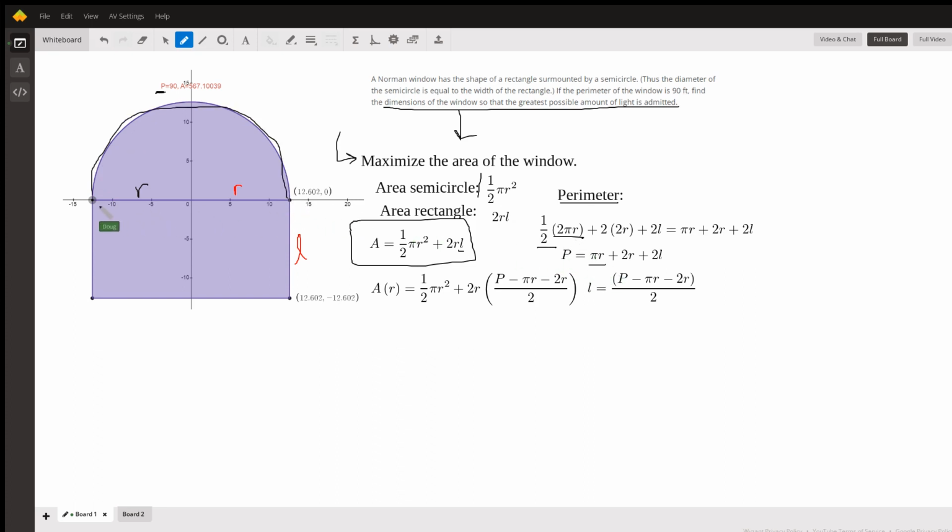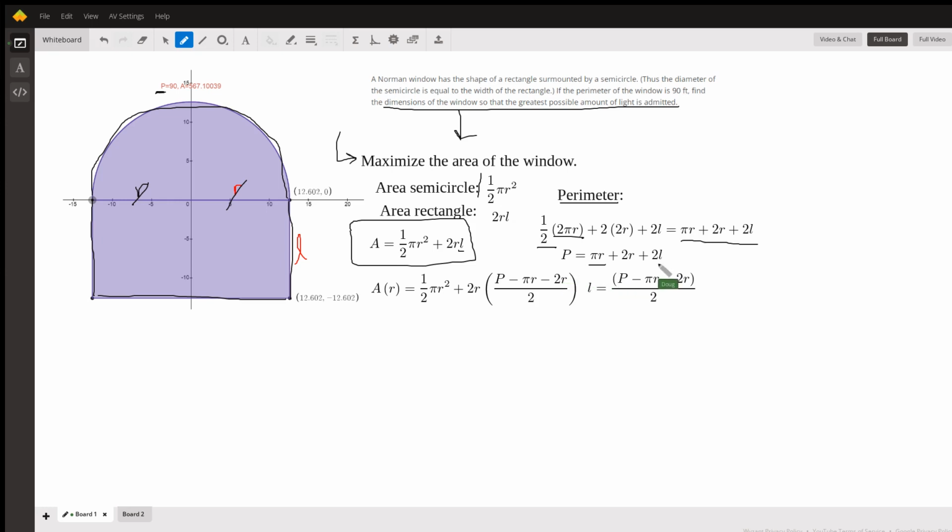Okay. Now for these dimensions, we've got 2 L's and 2 R's. We're not using the standard formula for the perimeter of a rectangle because these R's aren't part of the perimeter. So there's your formula for the perimeter of the Norman window.